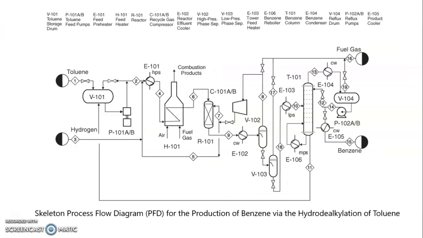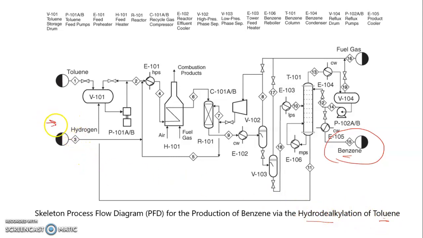Here, this figure shows the skeleton process flow diagram for production of benzene via the hydrodealkylation of toluene. The keyword here is production of benzene, maksudnya this is what we want, the final product, benzene. Hydrodealkylation of toluene, maksudnya from toluene and hydrogen.